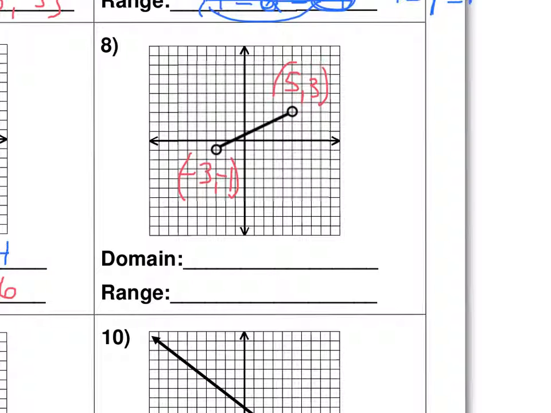So the domain again is your x values. So here's your x's, -3 and 5. So the domain begins at -3 and ends at 5, and your x values are all in between, but they are not included. So the symbol you would use is x is greater than -3 and less than 5.